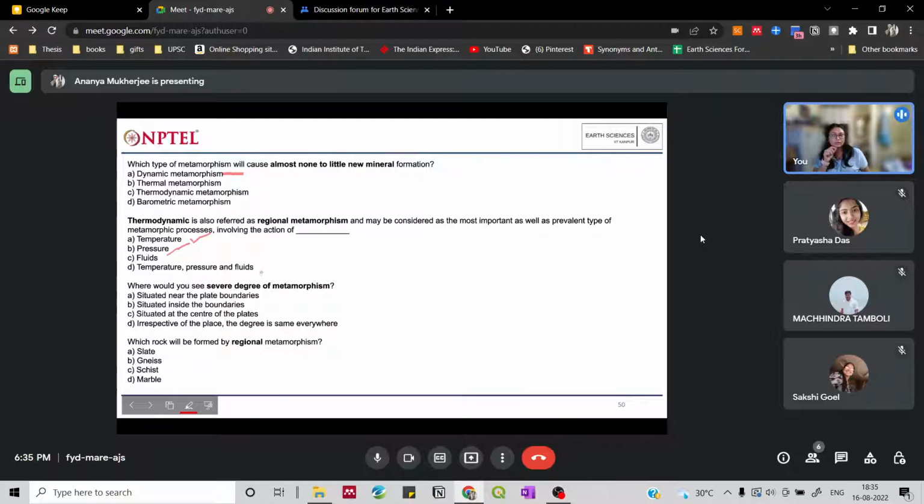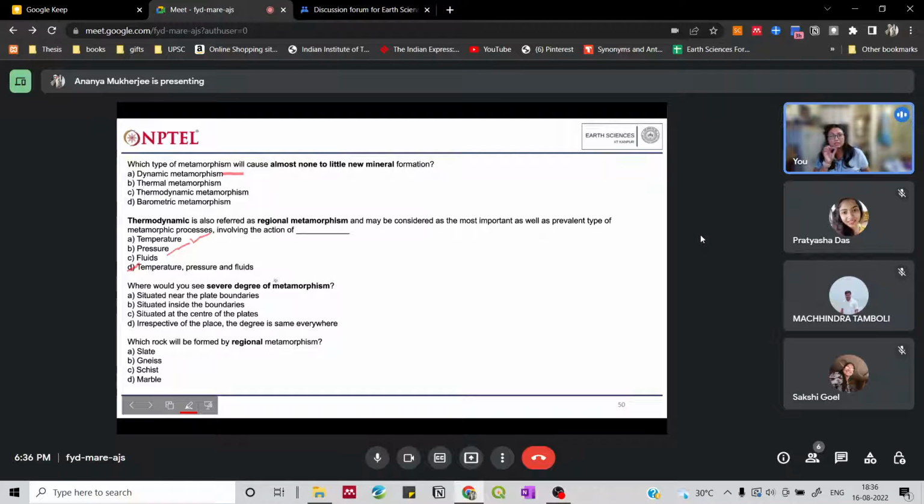So the correct answer is D, where the regional metamorphism involves temperature, pressure, and the fluids that are present within the parent rock.